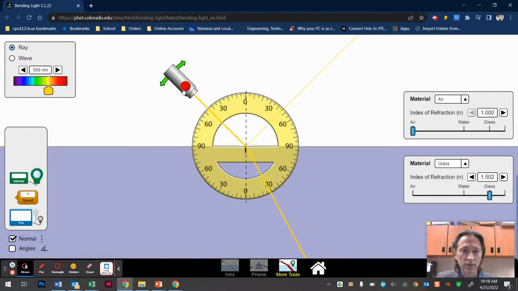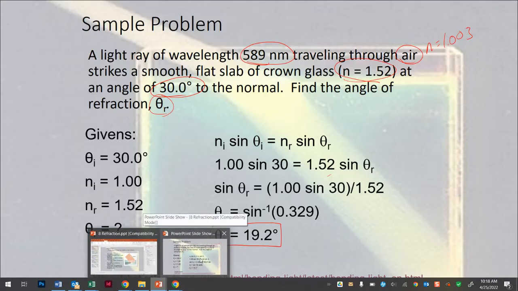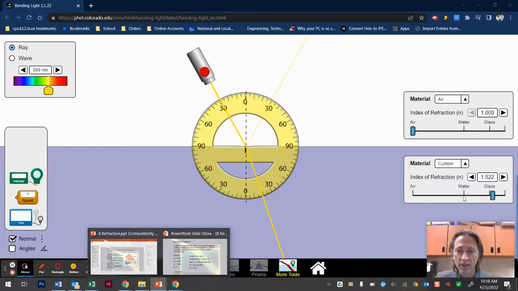So I'm going to set my protractor on here, move this up to be 30 degrees, and then set this to be the crown glass that we said was 1.52, I believe it was. Let's look back at that. It was 1.52, yep. And notice that it looks like it is almost exactly on the 19.2 that we talked about.